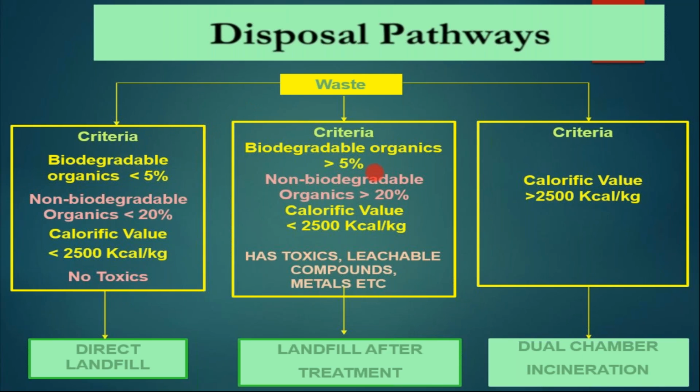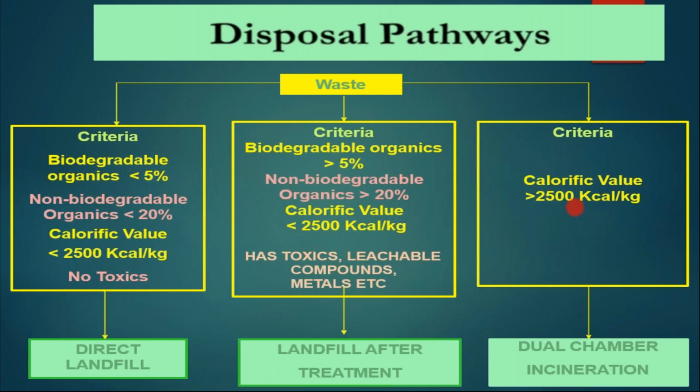If the criteria is different, if the biodegradable organics are more than 5%, if non-biodegradable organics more than 20%, and the calorific value is less than 2500 kilocalorie per kg, which are having toxic characteristics, leachable compounds, metals, etc., then that type of waste should be sent to the landfill after treatment.